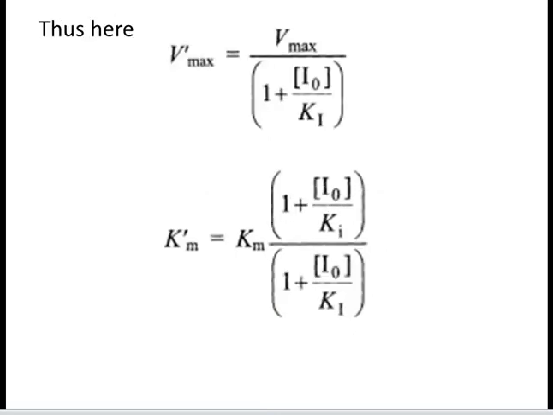Thus here V'_max, or apparent V_max, is equal to V_max divided by (1 + [I0]/K_I), and K'_m, that is apparent K_m, is equal to K_m times (1 + [I0]/K_i) divided by (1 + [I0]/K_I).